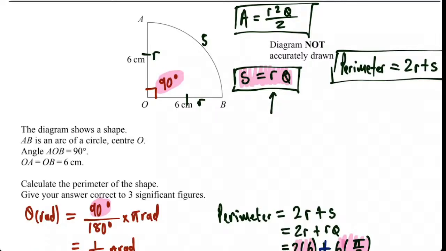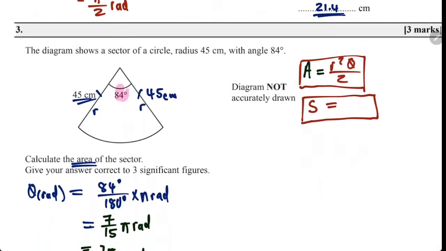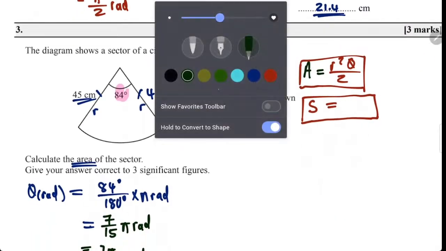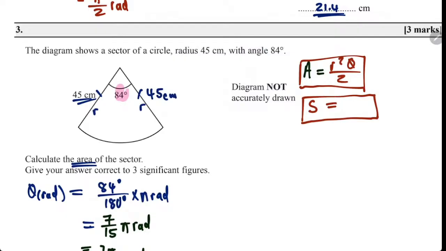Lenny, are you able to hear me? Okay, good. What is S? R theta. And then, finally, lastly, what is perimeter?